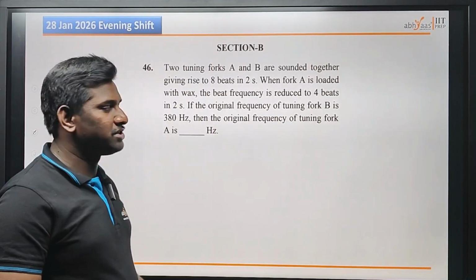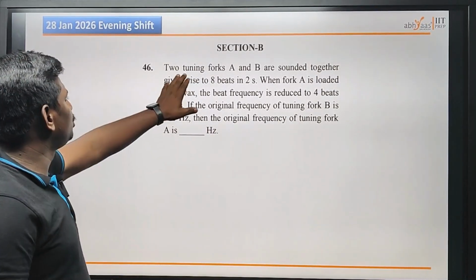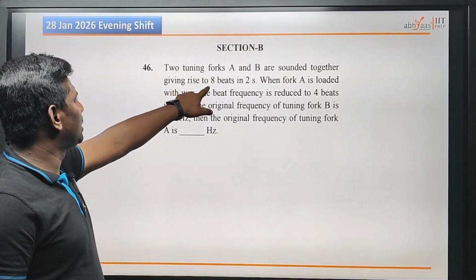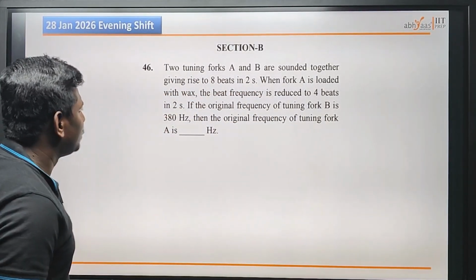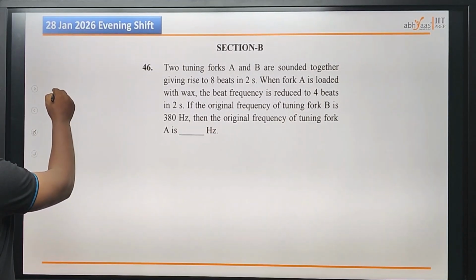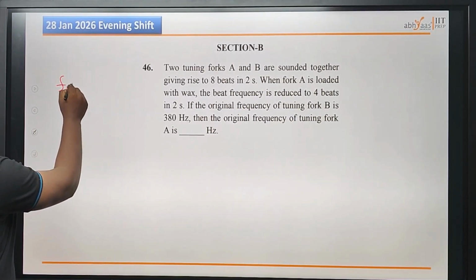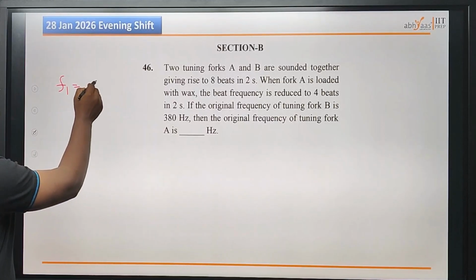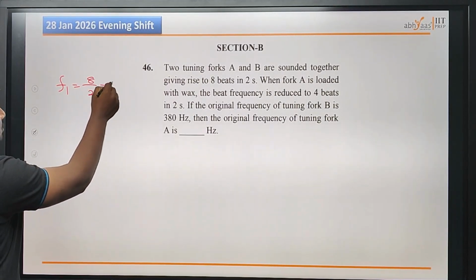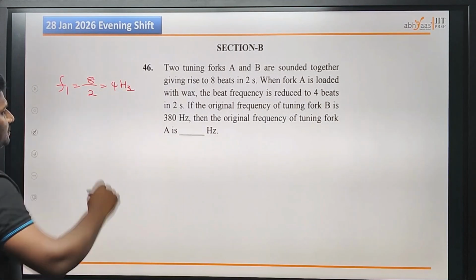Next, question number 46. We are moving into section B. Two tuning forks A and B are sounded together giving 8 beats in 2 seconds, so you will get a 4 Hz frequency.